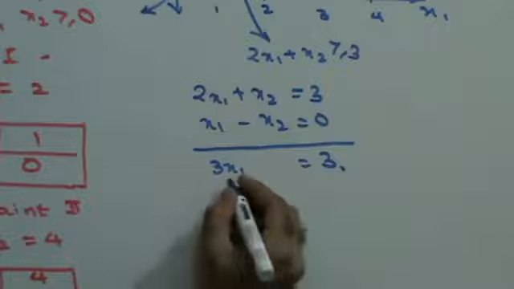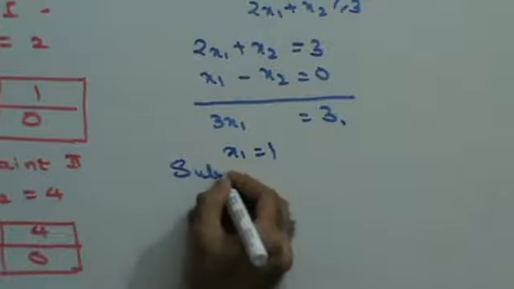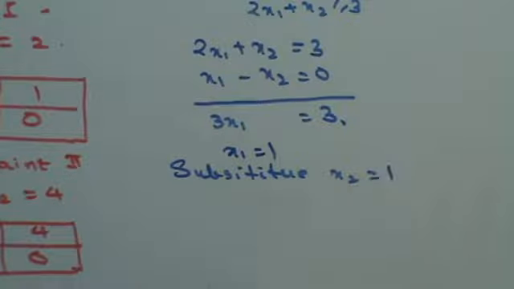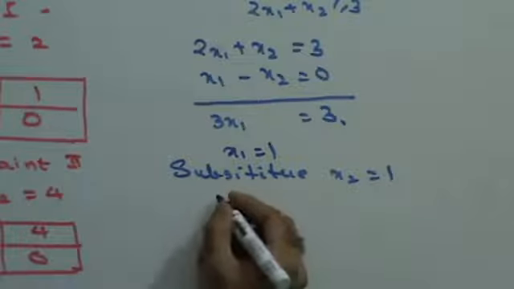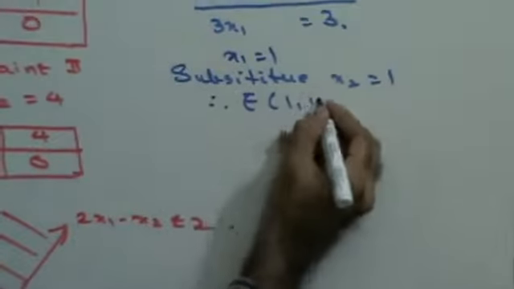Right? Substitute. Therefore, I'll get x2 will also be equal to 1. Once I have the value of x1 and x2, therefore, coordinates of point E, that's your point of intersection. Coordinates of E are 1, 1.